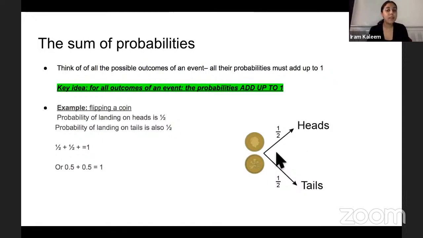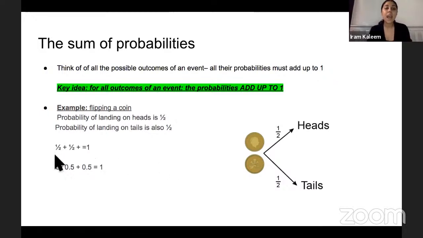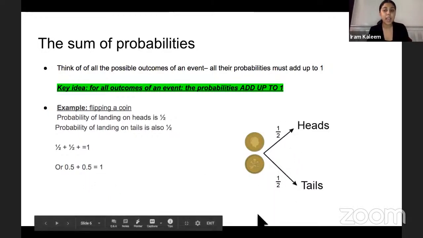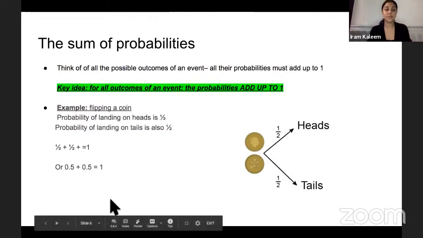We know that the probability of landing on heads is a half, and the probability of landing on tails is a half, because it's a 50-50 scenario. And when we add half and half together, we get 1, or adding 0.5 and 0.5 together. So when you take all the possible outcomes of an event and you add up each of those outcomes' individual probabilities, you must get 1.